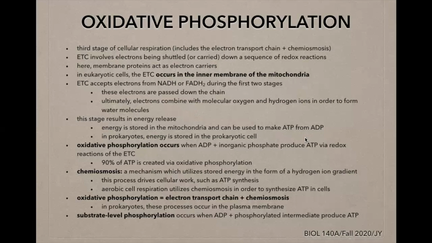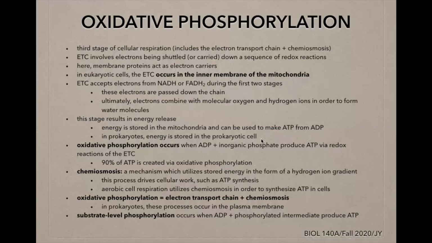So what ends up happening is ADP will bind to an inorganic phosphate in order to produce ATP. And this is done through various redox reactions of the electron transport chain. And so that is how we take adenosine diphosphate, we bind it with inorganic phosphate, and then we create ATP. So in that method, ATP is synthesized.